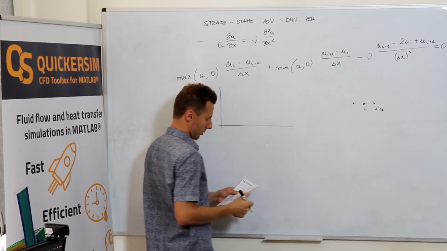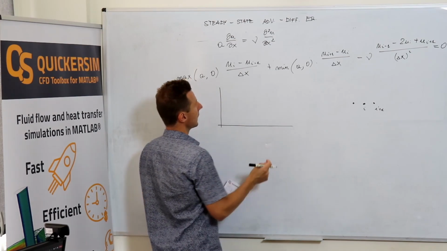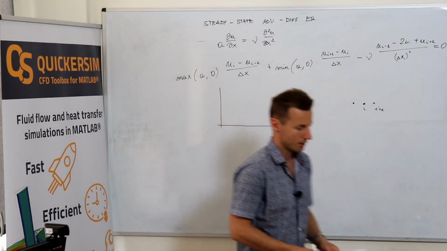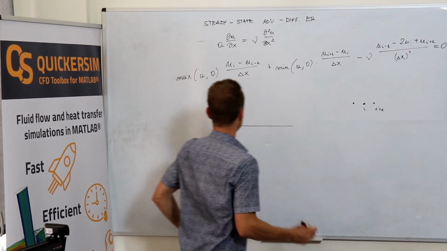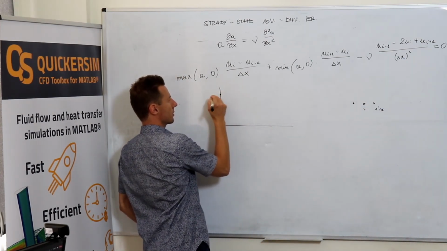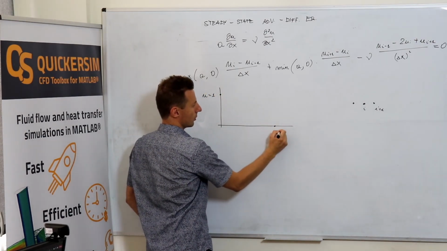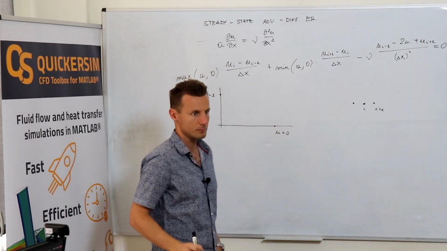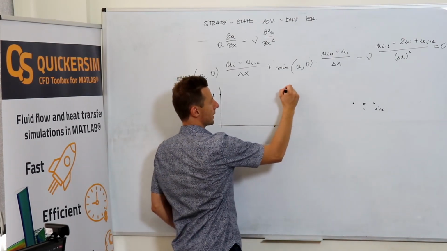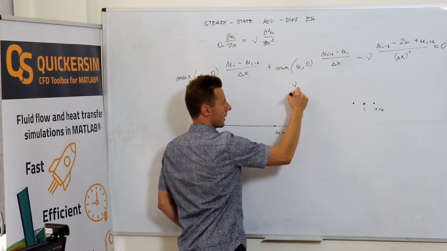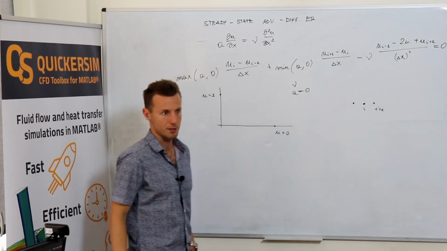That's important to see. If we assume for a minute that we've got the Dirichlet boundary conditions, u equals 1 and u equals 0, and let's assume for a minute that we have some diffusivity, but the velocity is equal to 0.